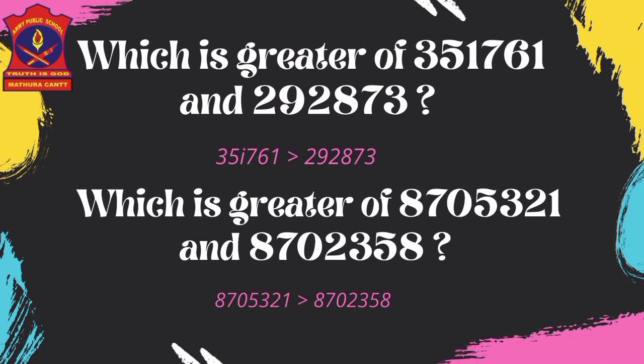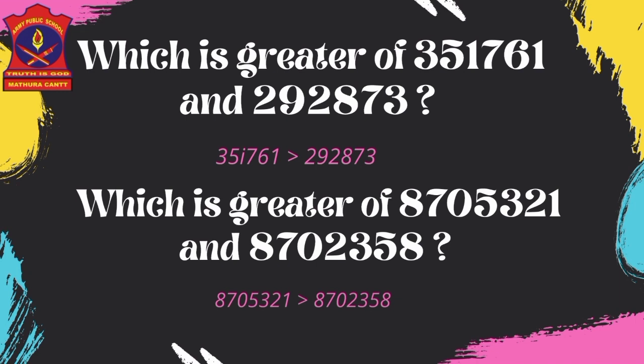The digit on the leftmost position of 3,51,761 is 3, and the digit on the leftmost position of 2,92,873 is 2. Since 3 is greater than 2, therefore 3,51,761 will be greater than 2,92,873.